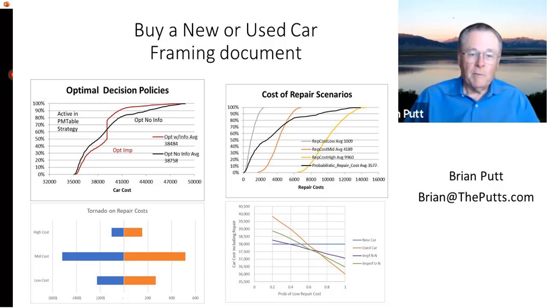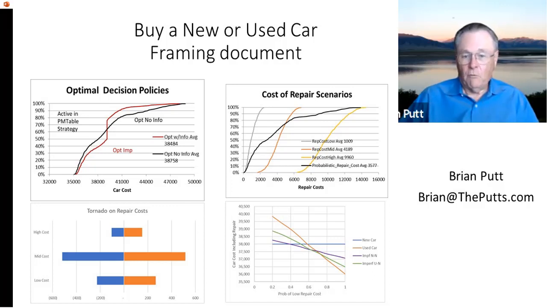So today we're going to talk about whether you should buy a new or a used car. Let's go through the frame in this session, and then in subsequent videos we'll go into the model and the analysis. In that analysis we're going to look at the value without information and the value with information.